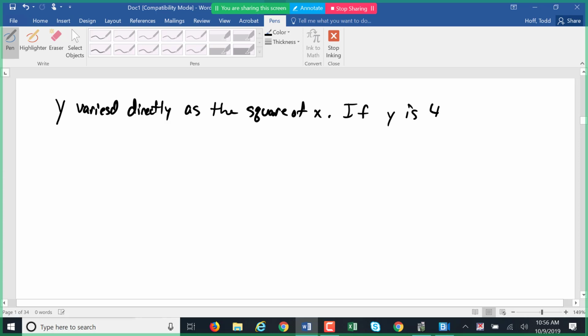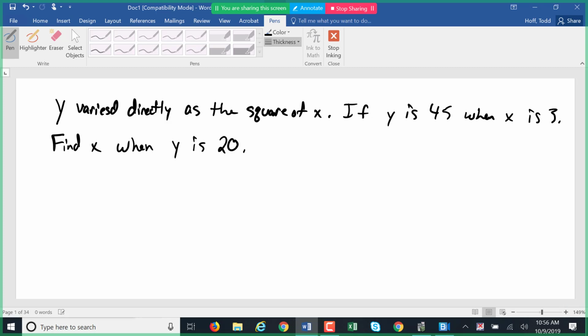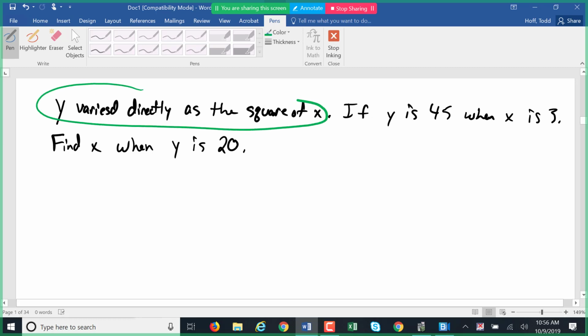If y is 45 when x is 3, now I'm going to ask this a little bit different. Instead of find y, I'm going to say find x when y is 20. So right up here, slightly different.